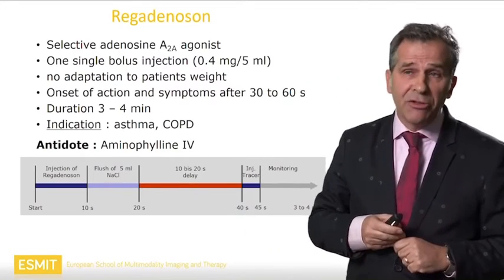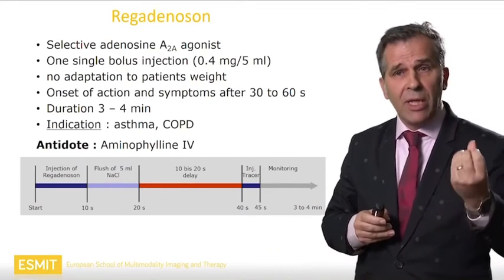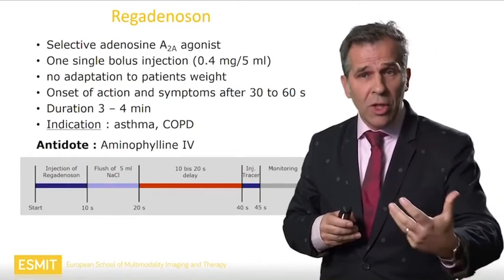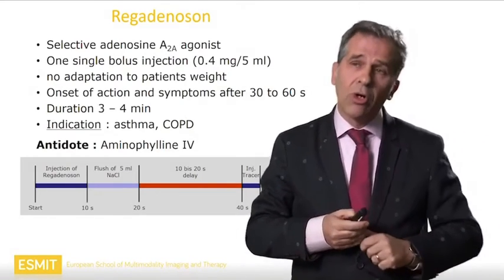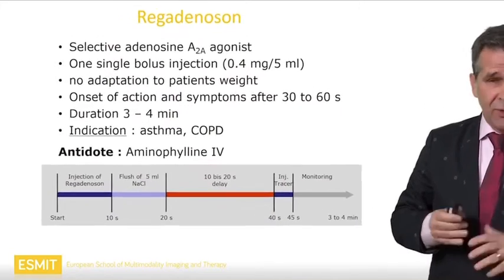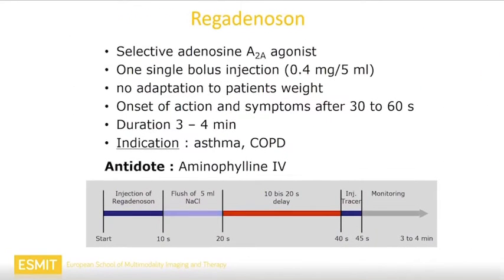The indication is in some patients with CAD, but also with asthma or COPD. It's very important because in the case of asthma and COPD, there is a contraindication for dipyridamole or adenosine, while regadenoson is approved. And also the antidote is aminophylline in case of adverse effect.